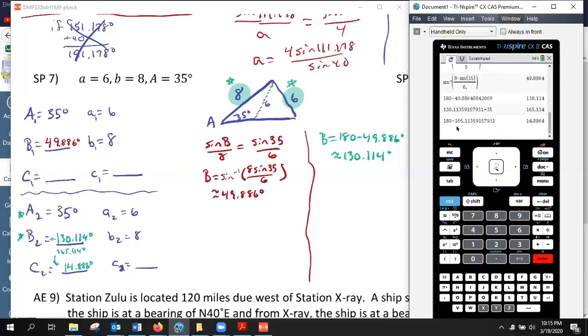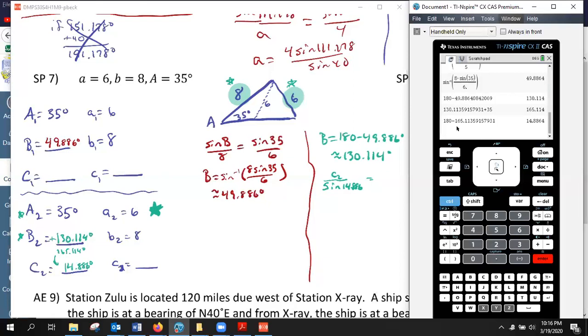So where do I go from here? Well, since I'm already working with that teal color, let me finish solving the second triangle. Let's do the reciprocal identity. So C2 over the sine of 14.886 equals, now I have the choice of either using B or A. The preference is most definitely to use A. First, it doesn't have the nasty numbers, but second and more importantly, we did not create those.